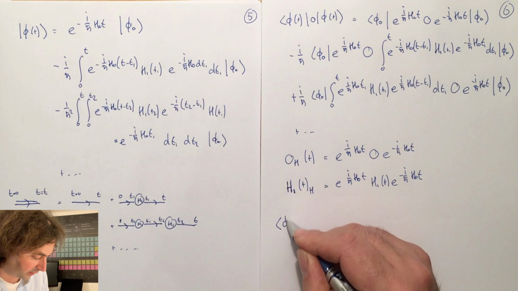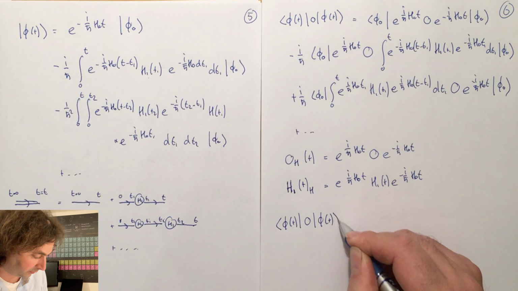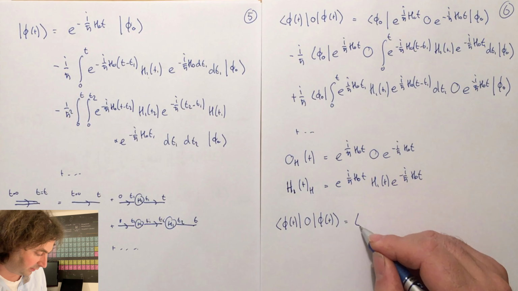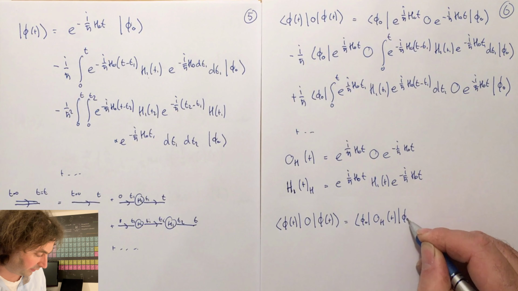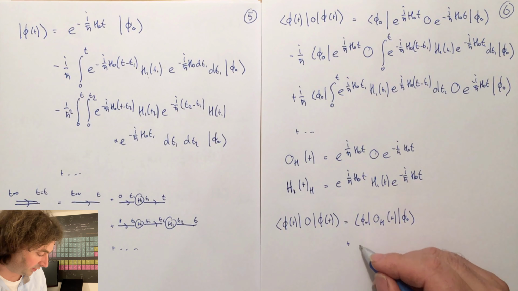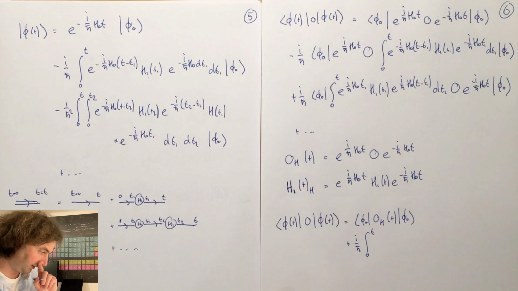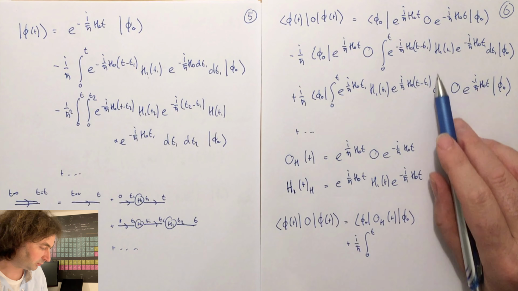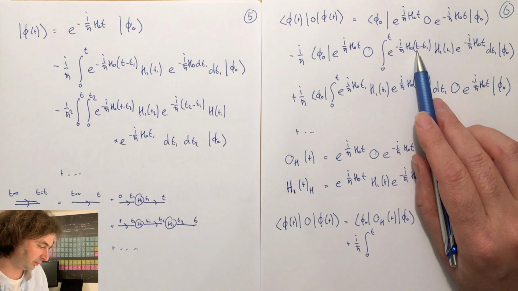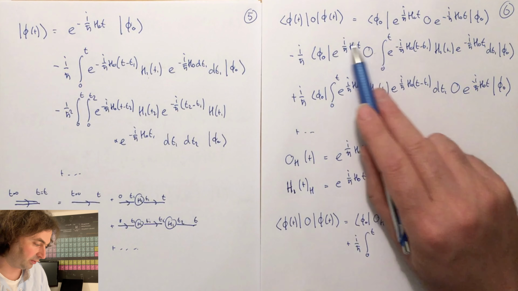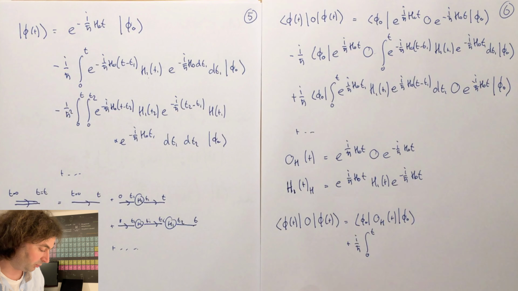But with this notation we can write for the expectation value of O at time t that this is psi 0, the operator O in the interaction picture, plus i over h bar, the integral from 0 to t. And we here see that if we take the h0 t to the left, then we have here O in the interaction picture, and here we have h1 in the interaction picture at time t1.